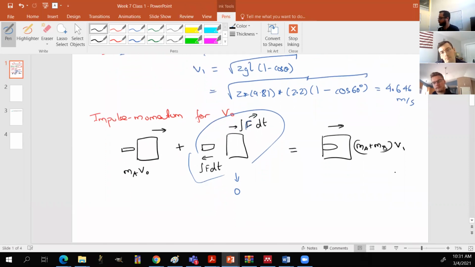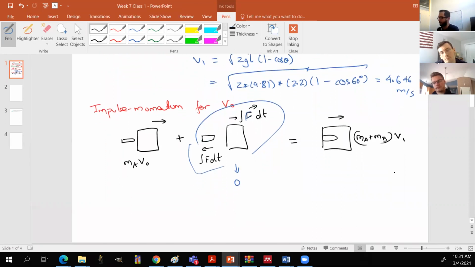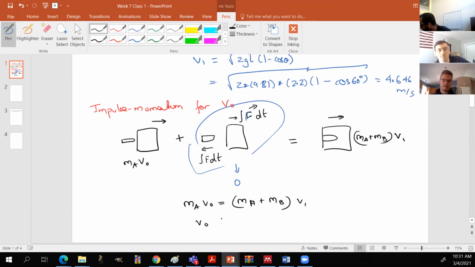This gives you your second expression, which you need to relate V1 to V0. So you get MA times V0 is equal to (MA plus MB) times V1, or V0 is equal to (MA plus MB) divided by MA times V1.